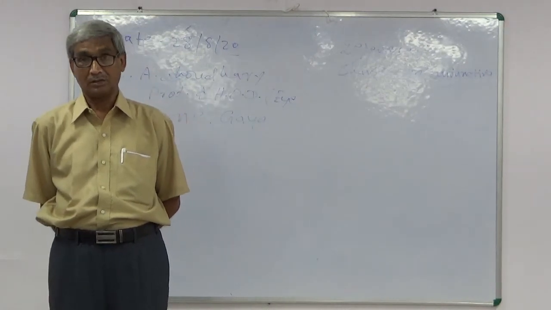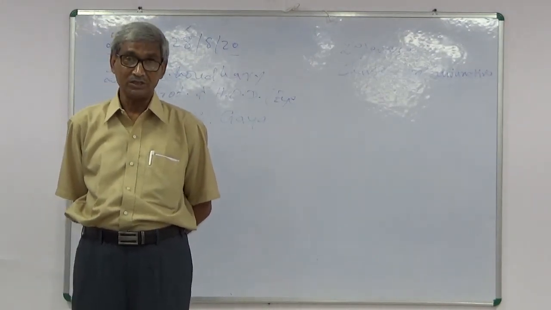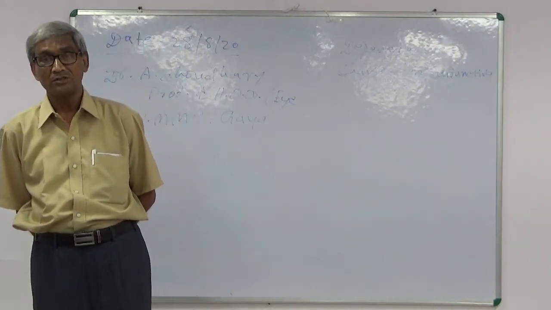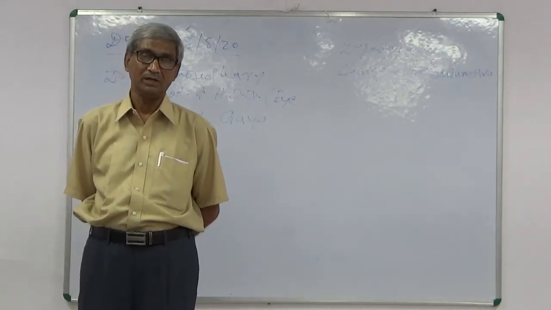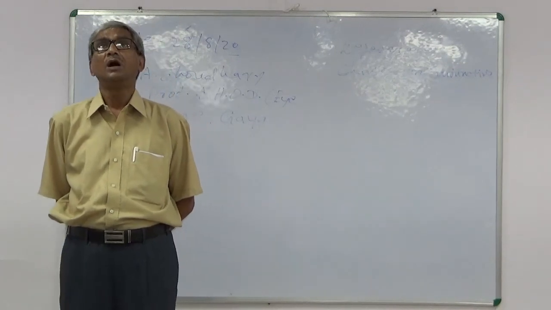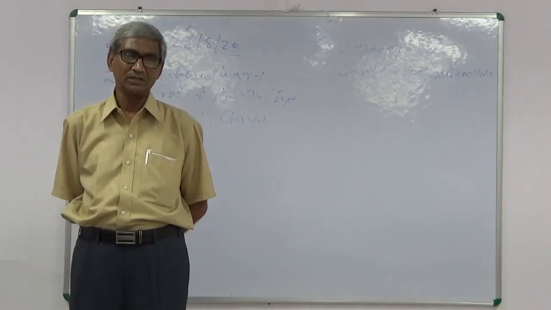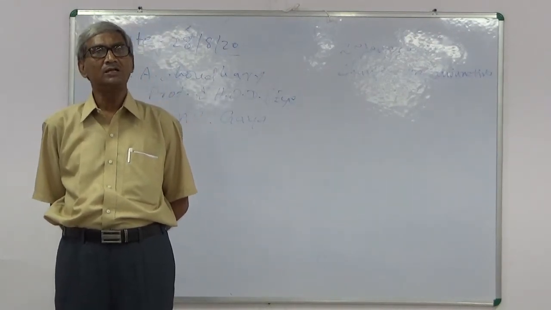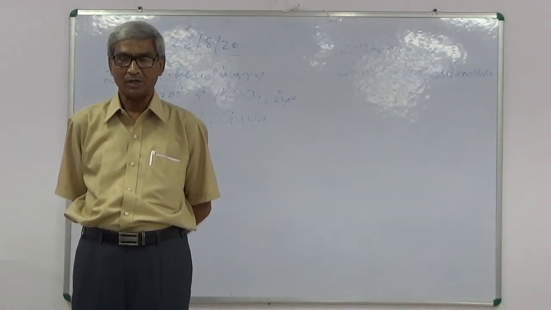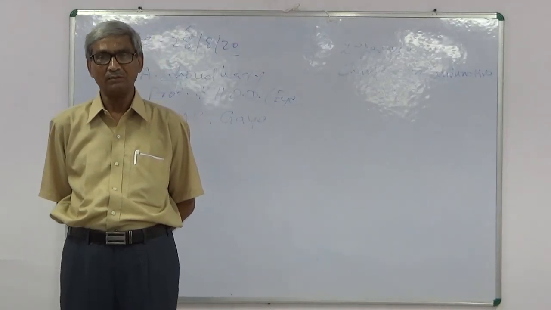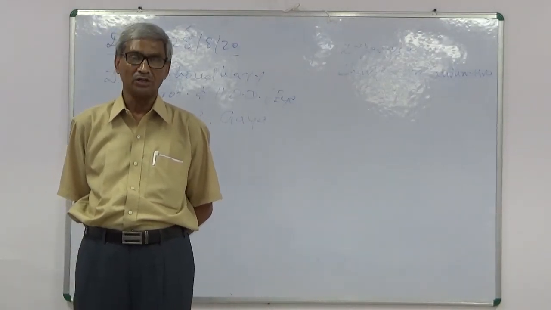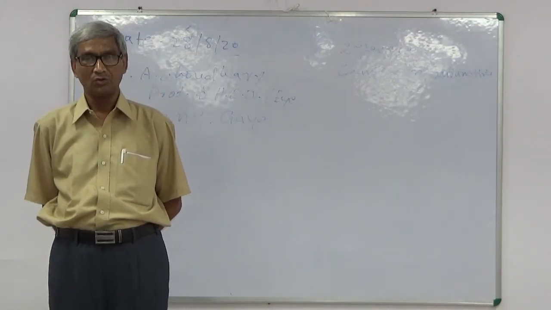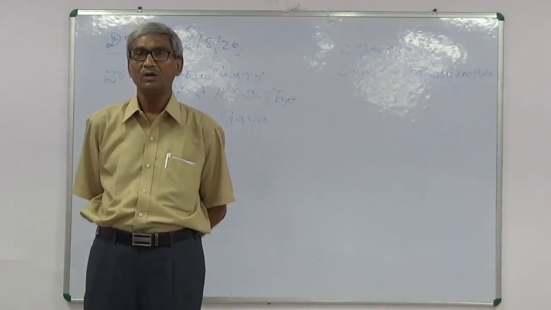And pterygium is a degenerative change and pseudopterygium is an inflammatory change. So these are the differences between pterygium and pseudopterygium. Treatment, excision of the pterygium. And sometimes after removal of the pterygium, there is opacity in the cornea. So lamellar keratoplasty may be done to improve the vision.